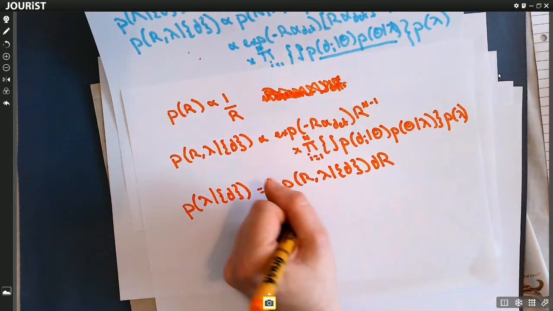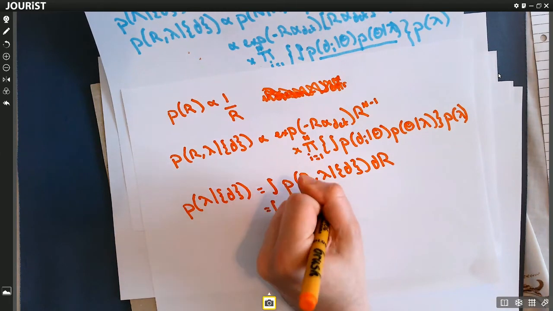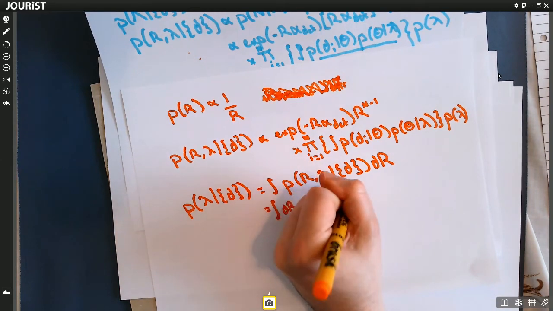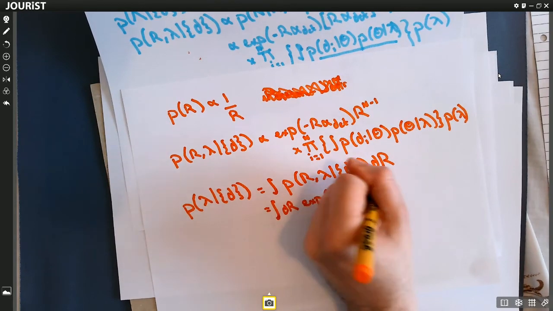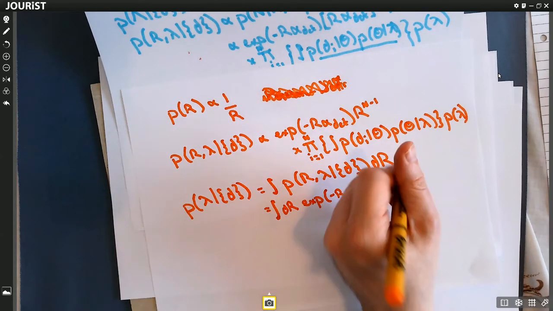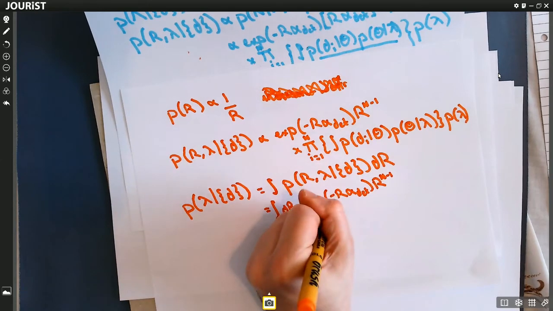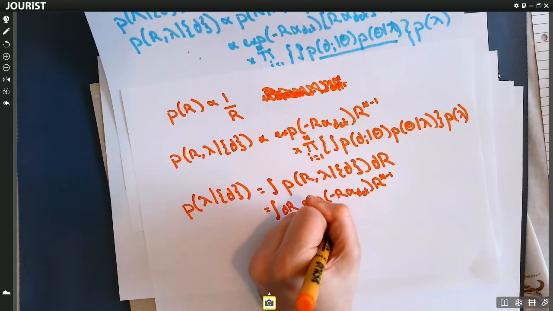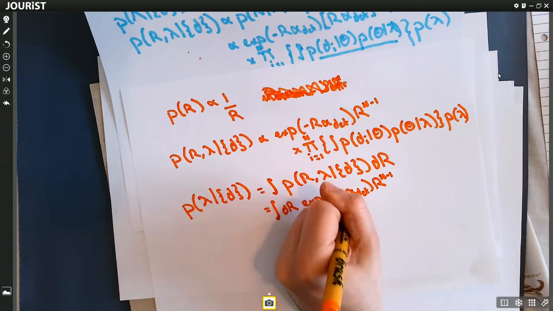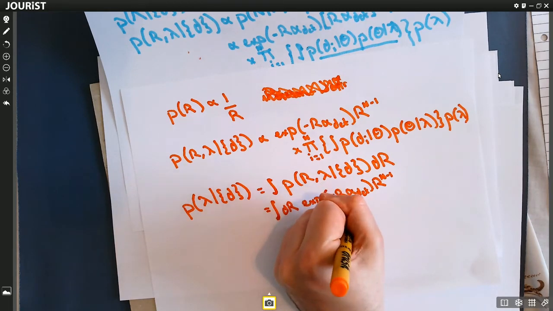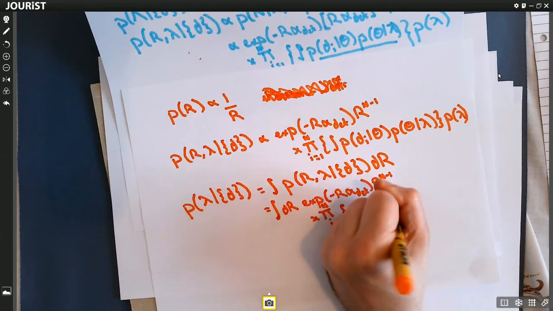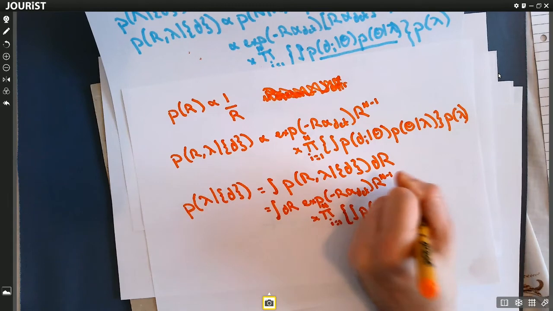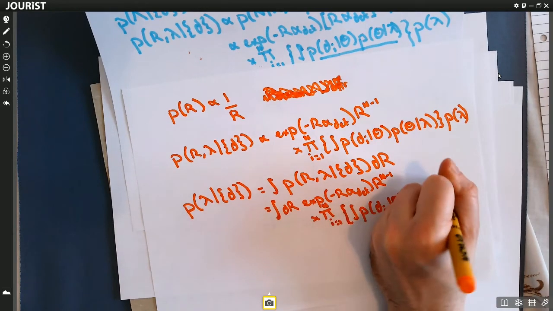What we have here is exponential minus r times alpha det, r to the n minus 1, times our product i equals 1 to n of everything here, integral p d_i given theta, p theta given lambda.